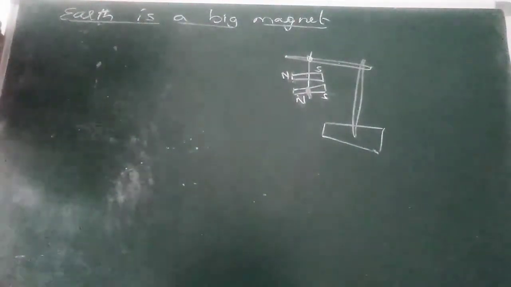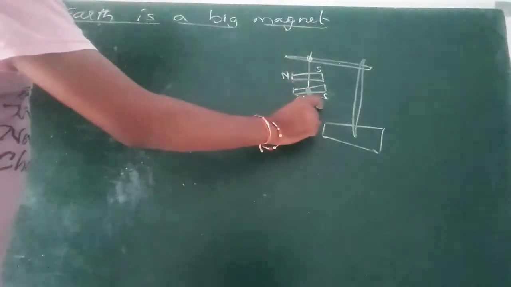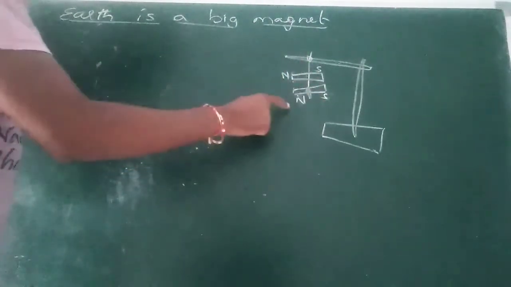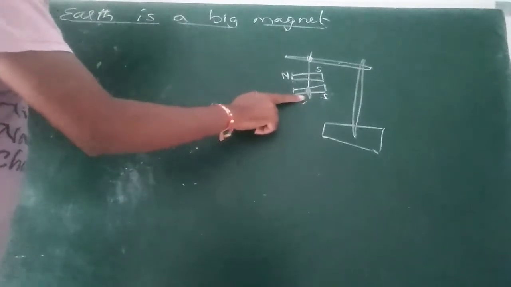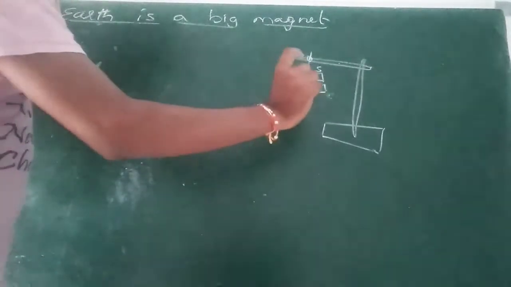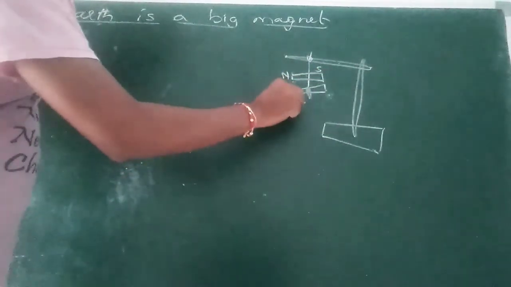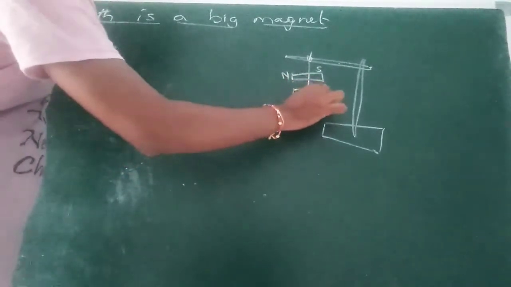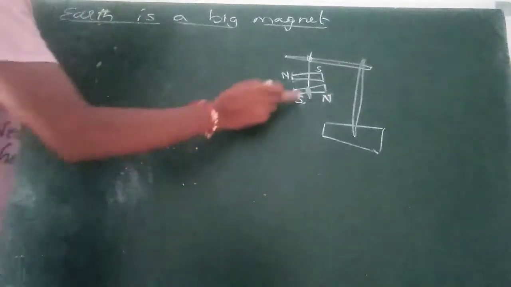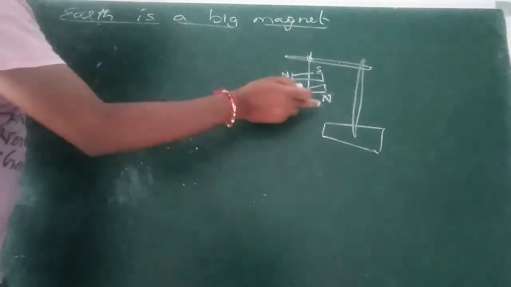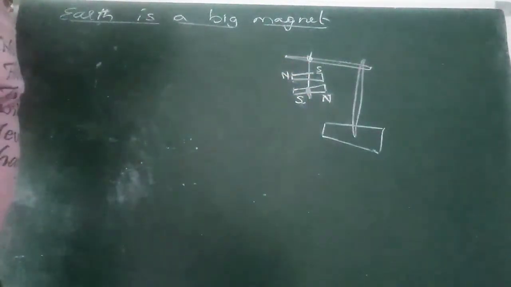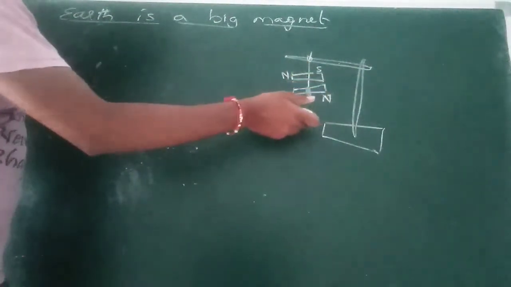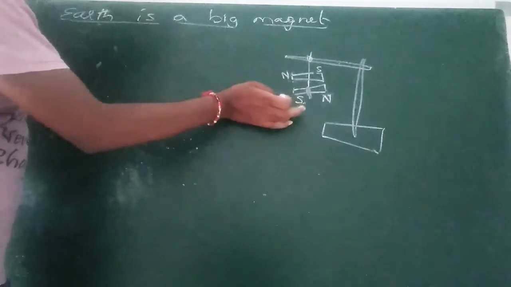You will observe that the freely suspended bar magnet changes its position and rotates, and the poles change like this, south and north, because we kept the same poles nearby, so repulsion takes place between those magnets and the pole's direction changes, and the magnet comes to rest in this way.